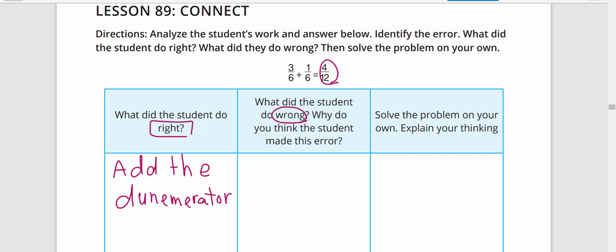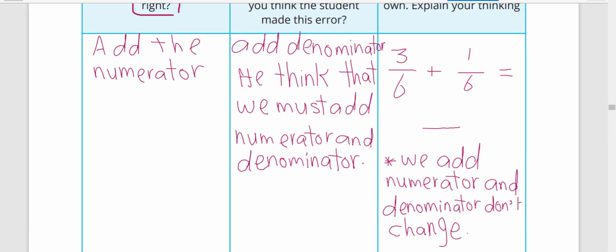And why do you think the student made this error? First, he added the denominators. The thing is that we must add the numerators, not the denominators.